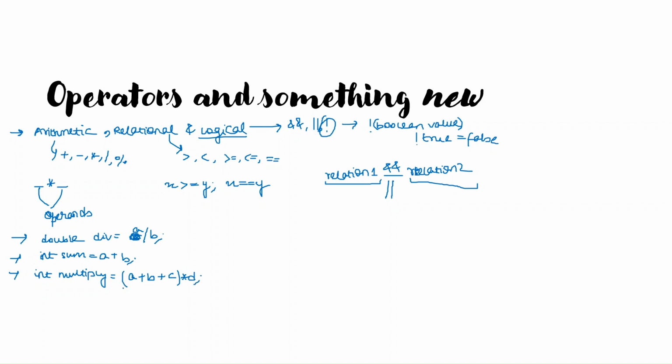So I can do this as well. We make use of these round braces in order to denote that this particular thing has to be executed first, and then the result has to be multiplied by the value stored in the variable d, and then at the end we assign the resultant value into this variable multiply.